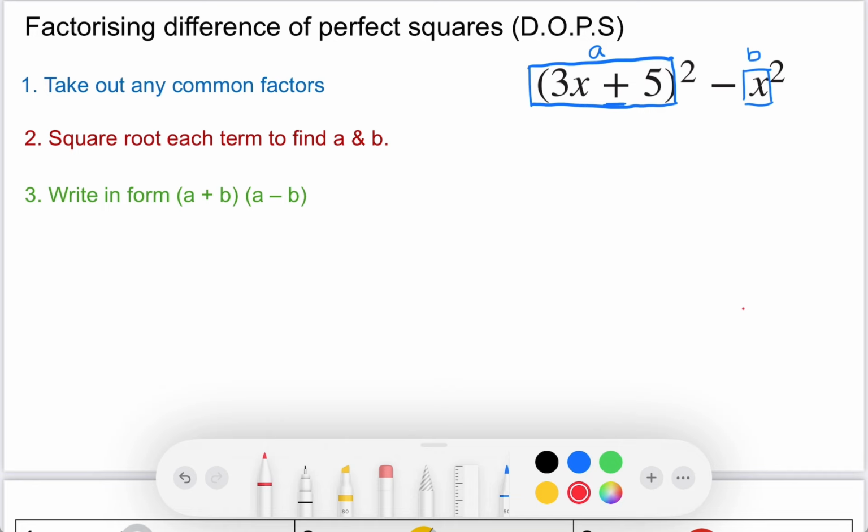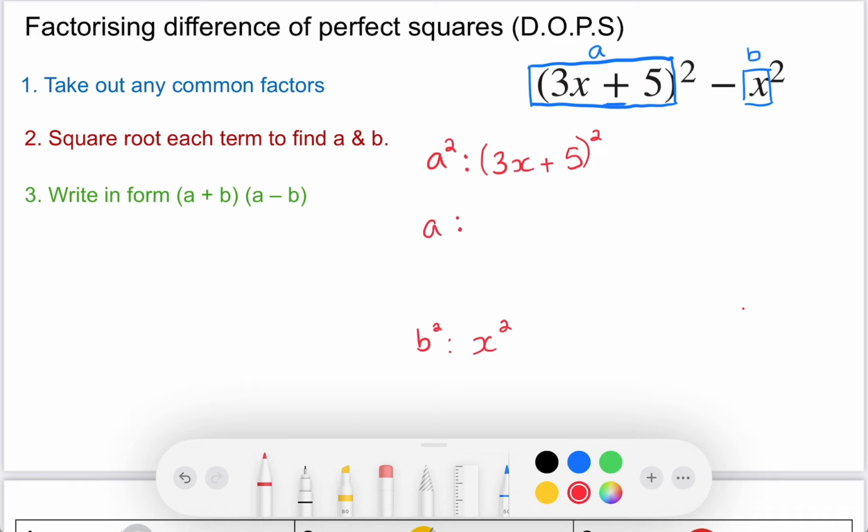So next, I'm going to square root each term to find a and b. I'm going to start by defining what a² is and what b² is. a² here is the whole sum, (3x + 5)². And b² is just x².